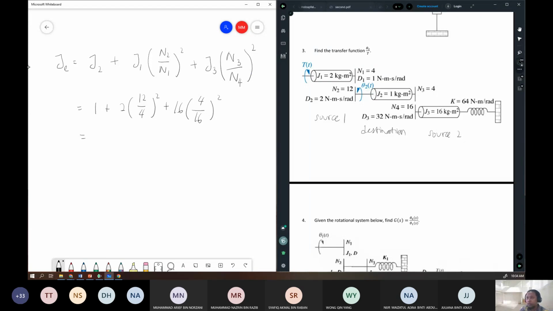Okay, so we get 20 kilogram meter squared.